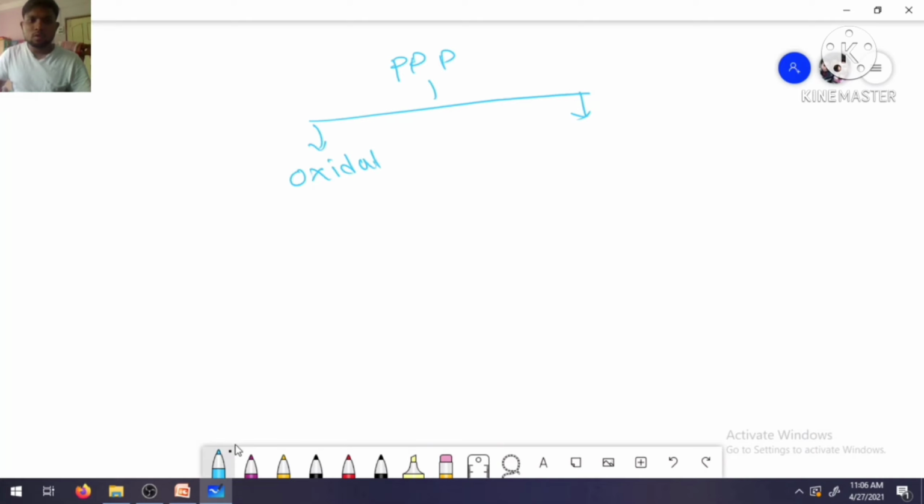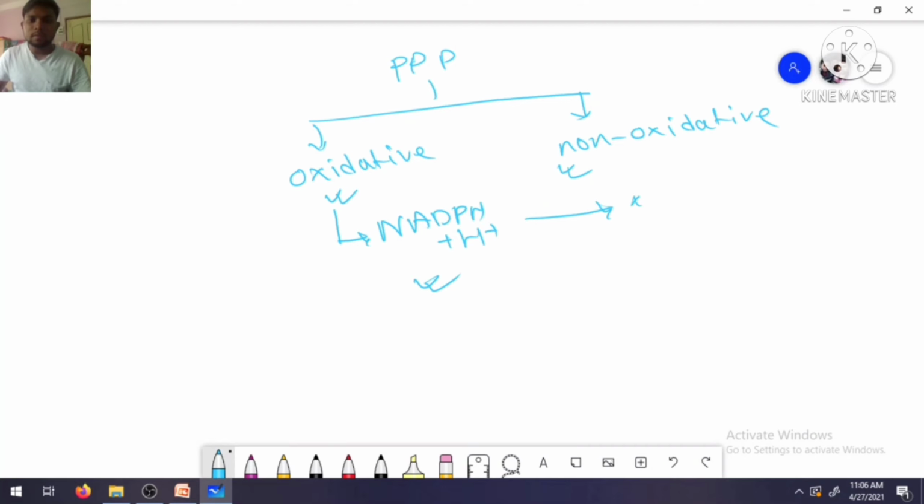One is known as oxidative and another one is known as non-oxidative. In oxidative stages we are getting NADPH plus H plus, okay, and in non-oxidative we will not get NADPH plus H plus. This we'll see later. First we will see oxidative stages.